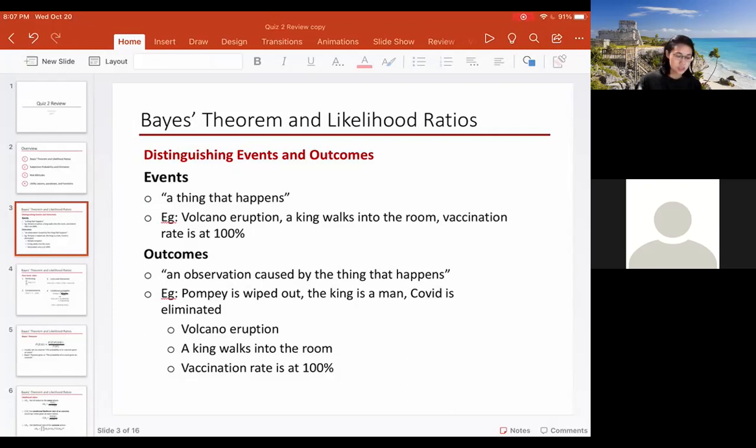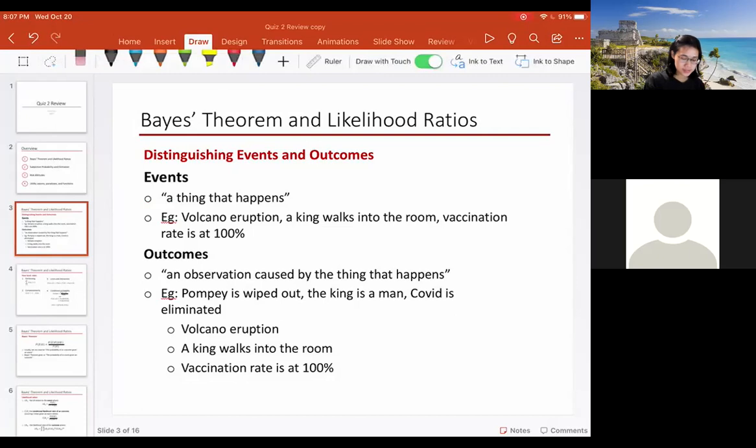It's difficult to assess the probability of an outcome purely on its own, as in P(O).